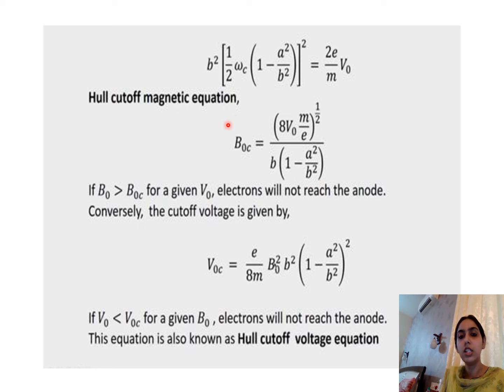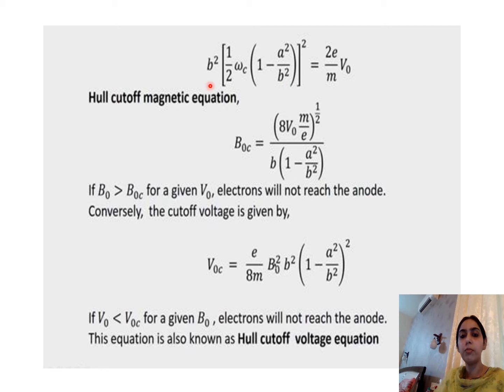So this is a critical magnetic field. At this critical magnetic field, the electrons are forced to return back to the cathode, or it causes the back heating of the cathode. If the magnetic field applied is greater than this cutoff magnetic field, electrons for sure will not reach the anode. They will return back to the cathode in a faster manner.